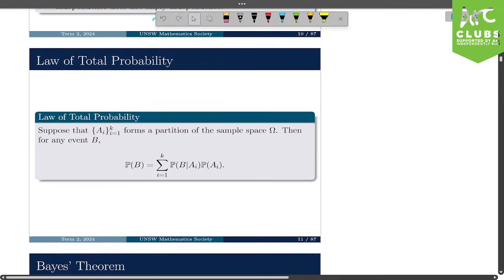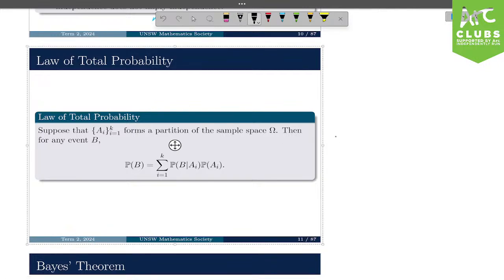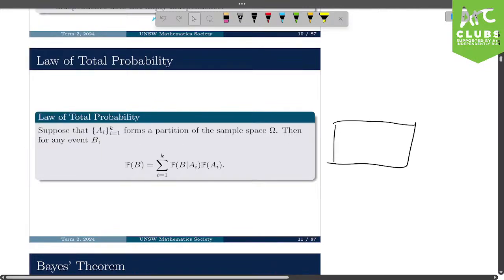Law of total probability. This is just a formula that you kind of have to memorize. If we have a partition, let's remind ourselves of the definition of a partition. A partition is a set of events A_i whose probabilities sum to 1, so in particular that equals the probability of the sample space.